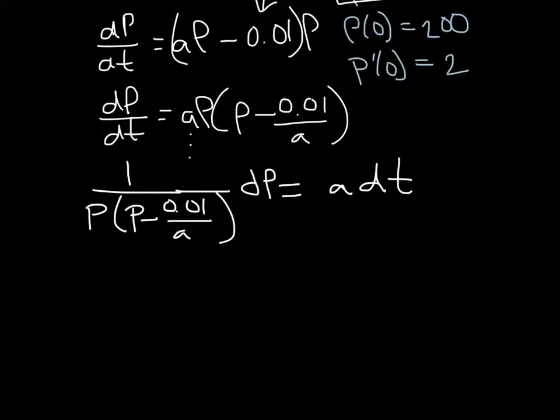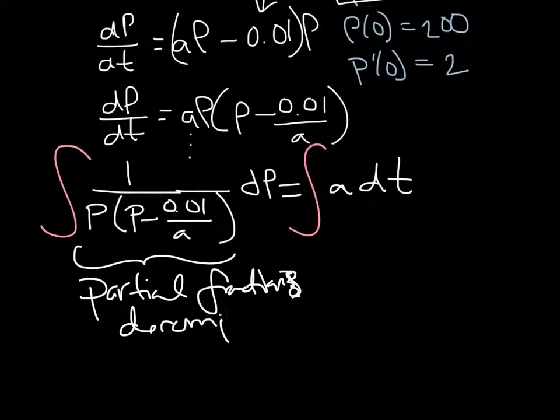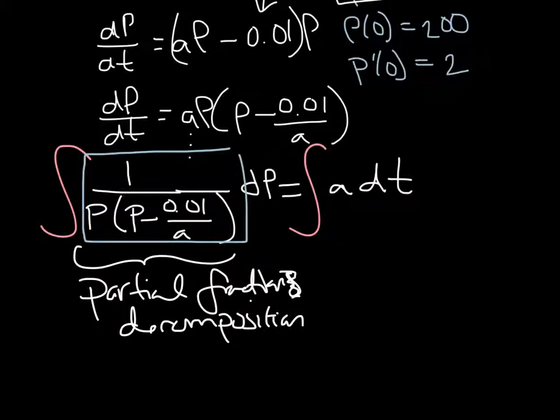So then we're ready to integrate. And again, this is going to be another partial fraction decomposition, right? In order to integrate this guy, we need to separate this expression.